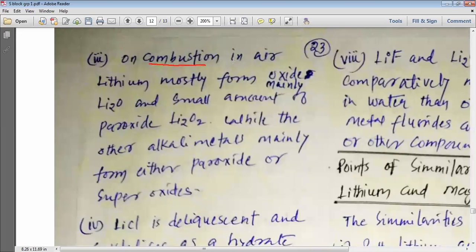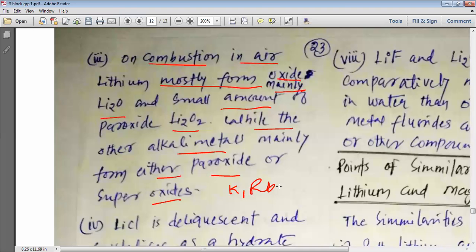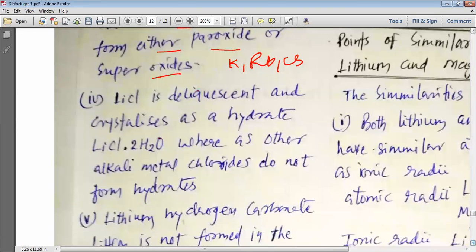On combustion in air, lithium mainly forms oxide, Li2O, and a small amount of peroxide Li2O2, while the other alkali metals mainly form their peroxide or superoxide, especially K, Rb and Cs. They majorly form superoxide because they are bigger in size.